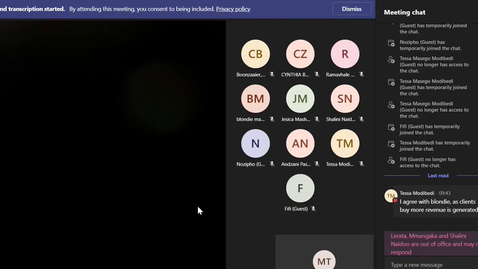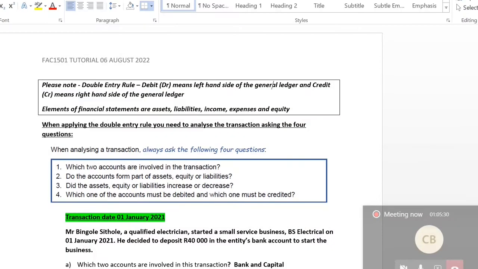If a company buys an asset or an expense for the business, the asset bank is decreasing because money is going out of the business's bank account. So the asset, which is bank, is decreasing because they've bought stationery.